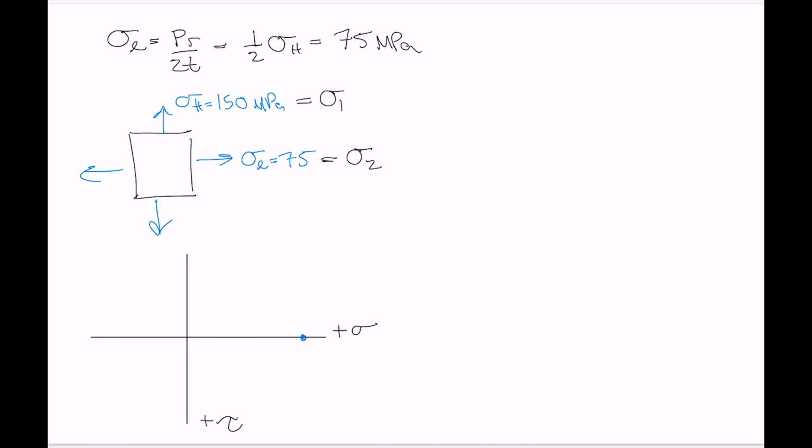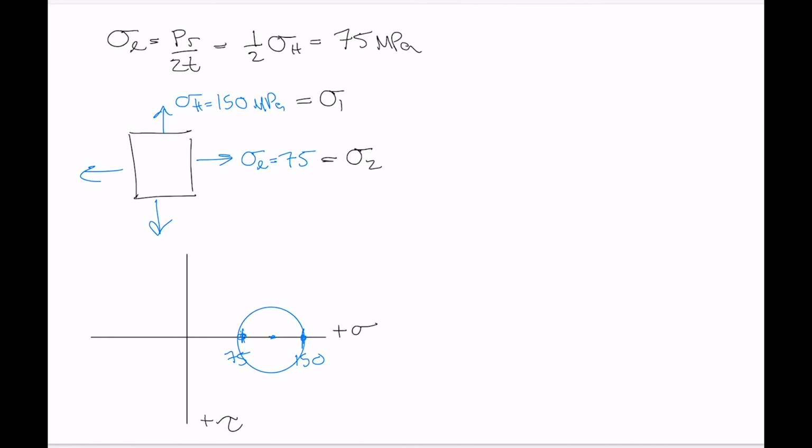Because this element doesn't experience shear stress, it is showing you the principal stresses. So let's put the values on. We've got 150 here, and half of that, 75 there, and our circle just goes between those 2 points. Okay, there's the circle there.